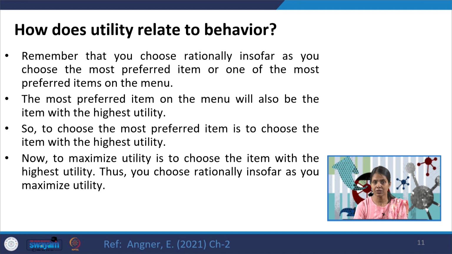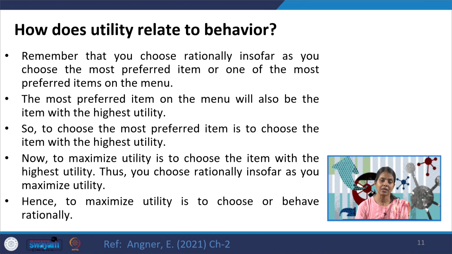Now, to maximize utility is to choose the item with the highest utility, or maybe the combinations representing the highest utility. Thus, you choose rationally insofar as you maximize utility. Hence, to maximize utility is to choose or behave rationally. This is what it implies, the maximization principle and the rationality concept that we have learned so far.